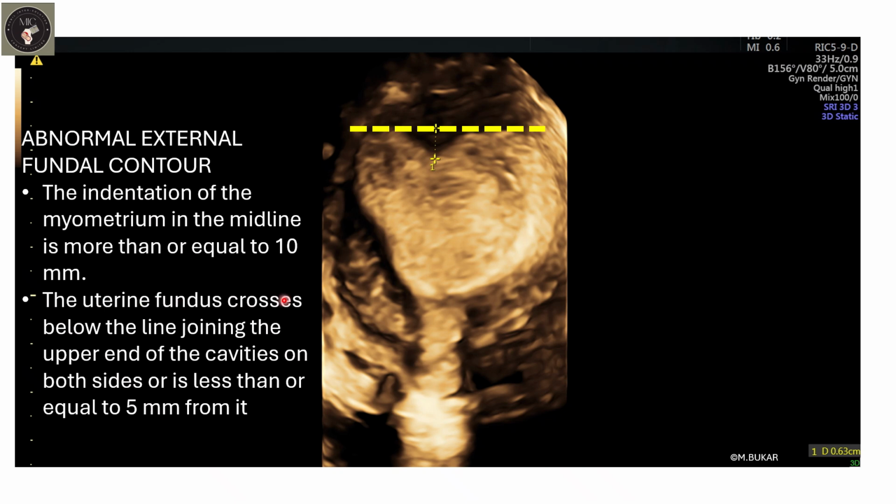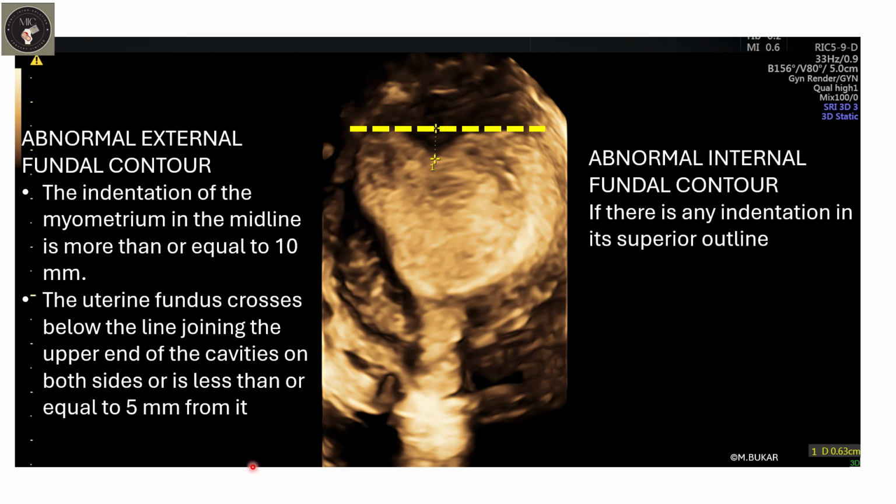If the uterine fundus crosses this line, or is less than or equal to 5 millimeters from it, this is also considered abnormal external fundal contour. What of the internal fundal contour? If there is any indentation in the superior outline, any indentation here, as seen here, it makes the internal fundal contour abnormal.